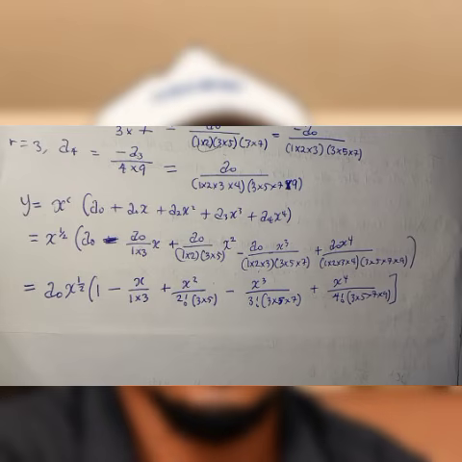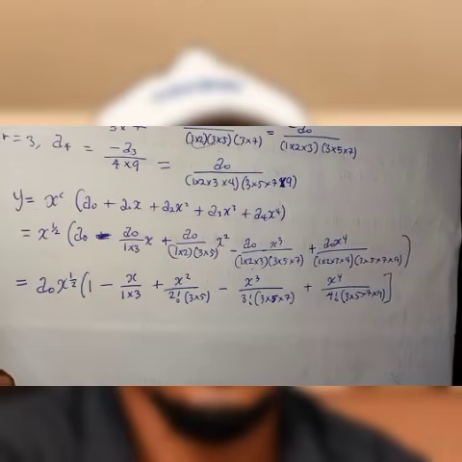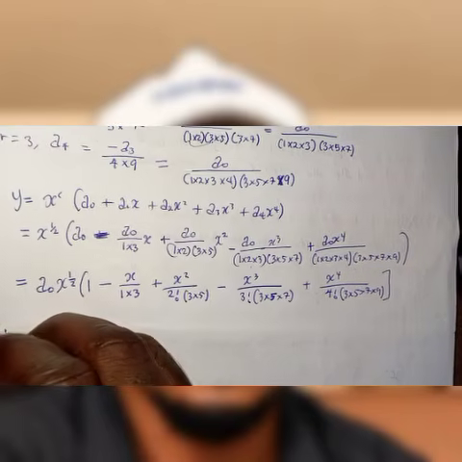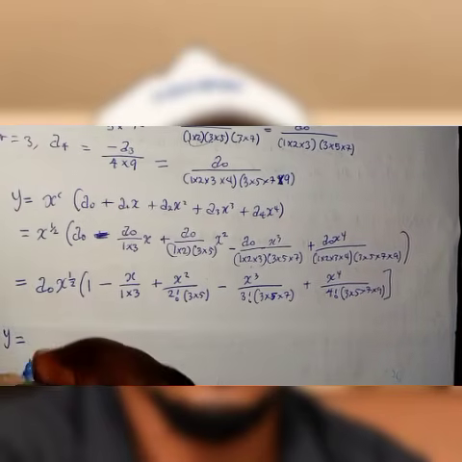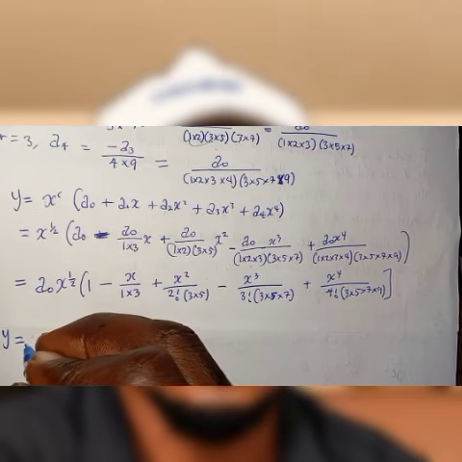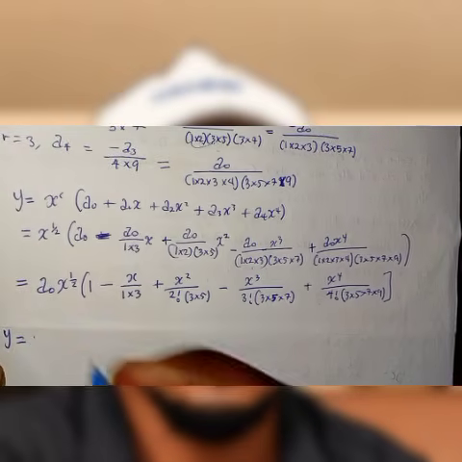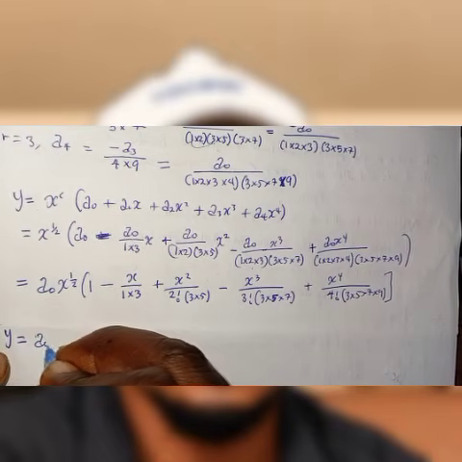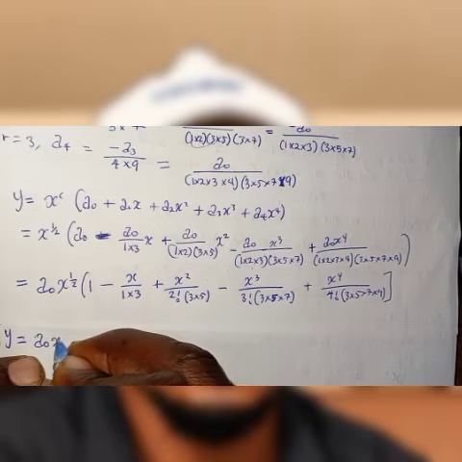Now remember, we have to write both answers together. So now writing both answers together, we are going to have y equals, we have y to be u plus v. So it will be y equals the first one that we got, which is a naught x to the power 0.